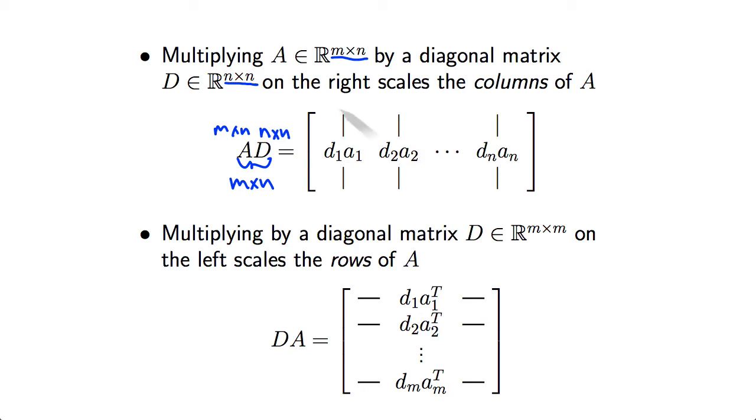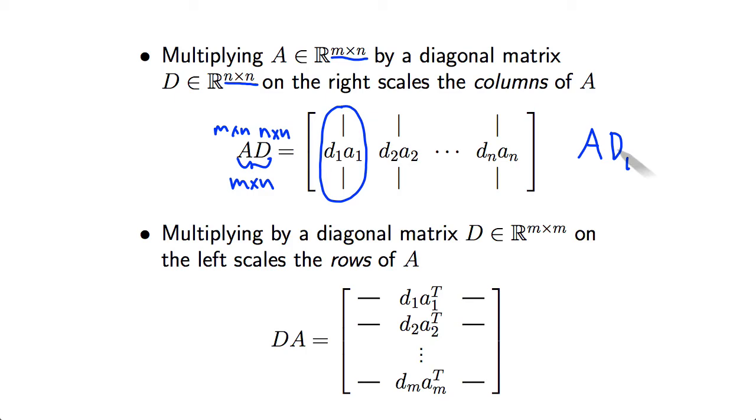Remember, the first column of this matrix, one way of writing that was the whole matrix A times the first column, which I'll write as the first column of the matrix D. I'm writing it as capital D here because d_1 actually indexes into the vector d, it's the scalar value.